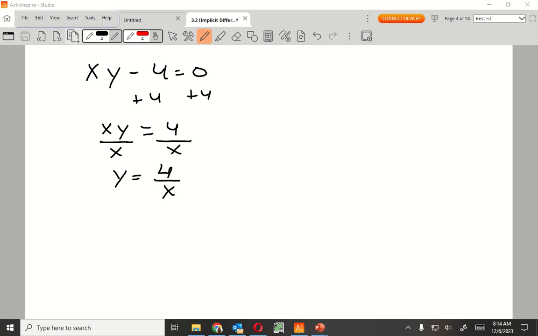okay, now the notation of this turns into y prime is equal to, what do I do with that thing? Oh, make it into 4 x to the negative 1, right? So I bring this up, so this is going to be 4 times x to the negative 1.